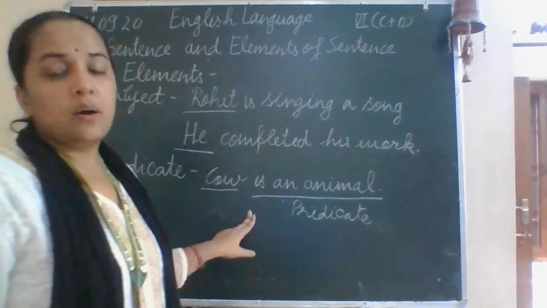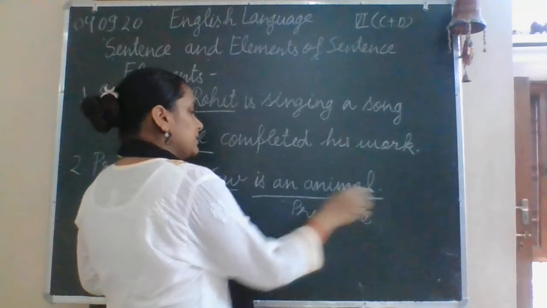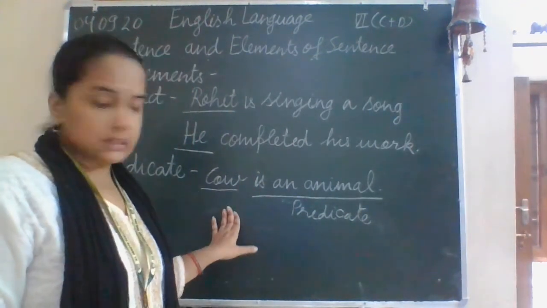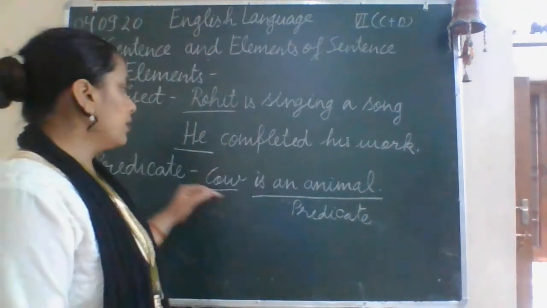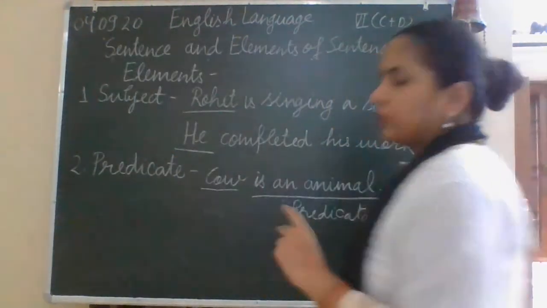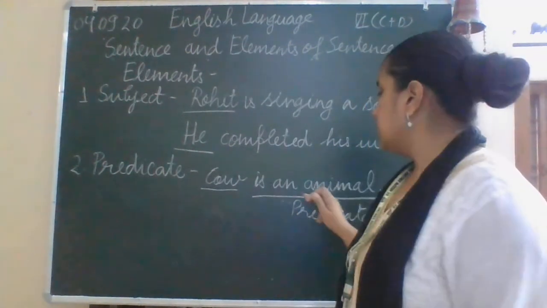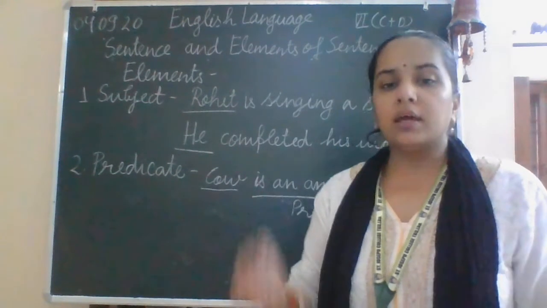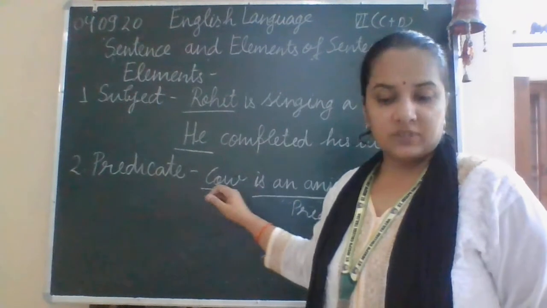It is telling about the subject, that whatever the subject is there in the sentence, that is an animal. So except for the subject, the rest of the portion of the sentence which is telling something about the subject or which contains a verb is known as the predicate.